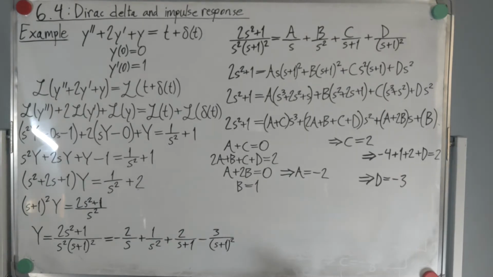Okay, now I'm going to erase the part where we do the partial fractions because we no longer need those computations. So if you need to look at that for a second, pause the video.